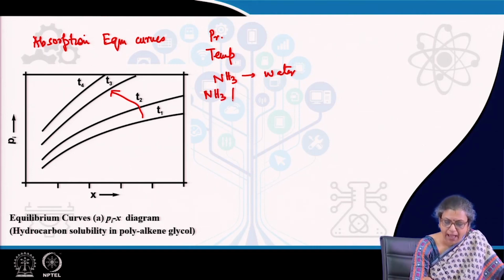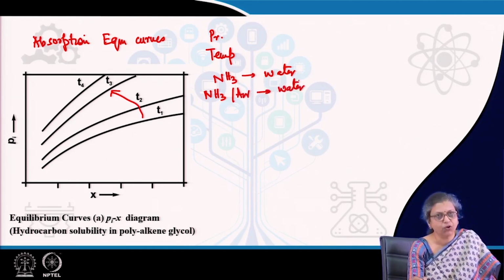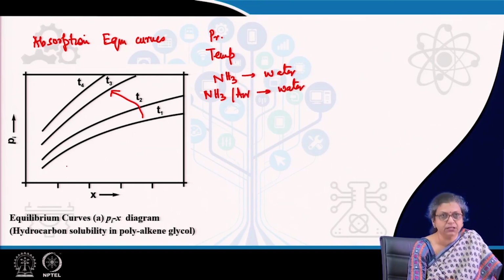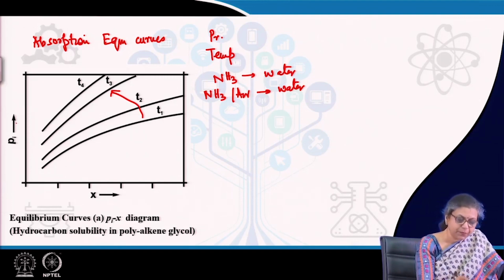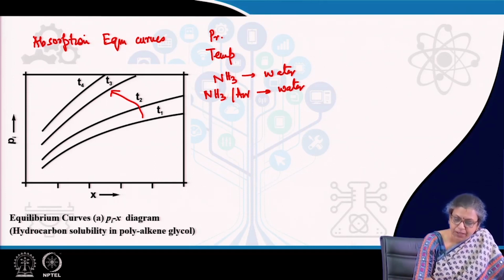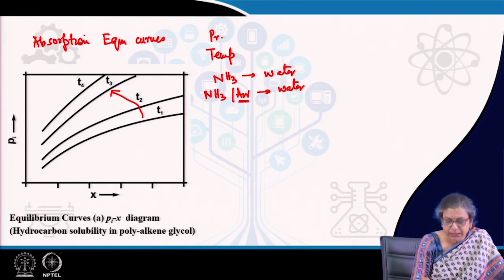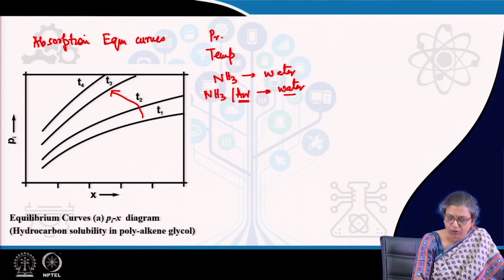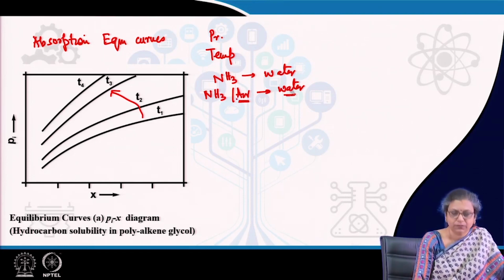Again, suppose we have an ammonia air mixture and we contact it with water and we try to generate the curve. If we express the equilibrium curve in terms of Pi and Xi, then we find that if the ammonia is mixed with some component which is sparingly soluble in the solvent, then when we bring ammonia air in contact with water, the Xi remains almost constant, it does not change.